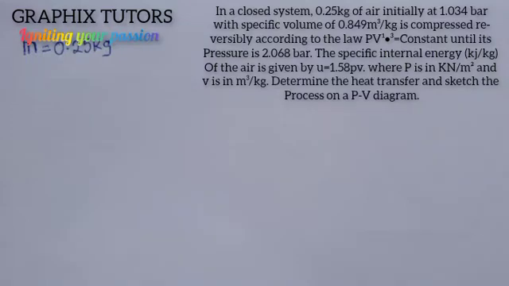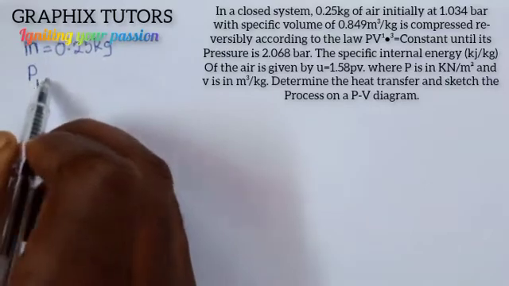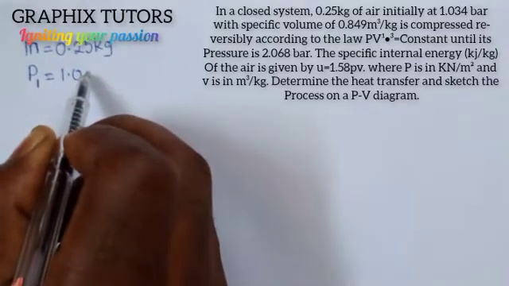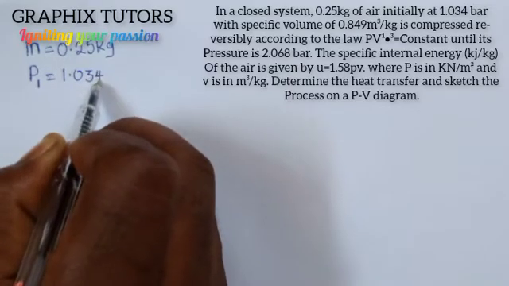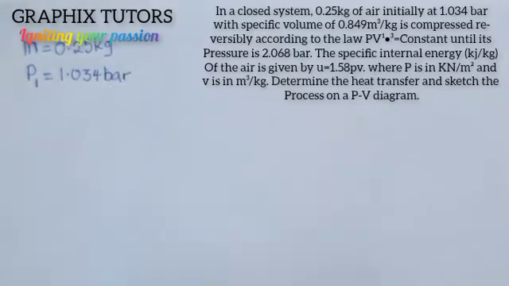Now the next thing that we have is the initial pressure. You say initially at a pressure of 1.034 bar. So the initial pressure P1 is 1.034 bar, right?